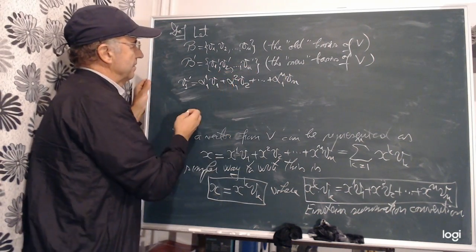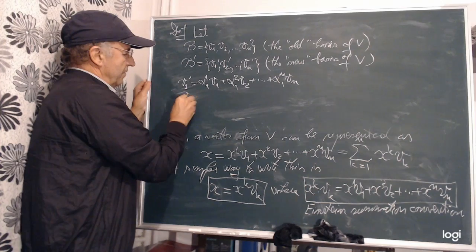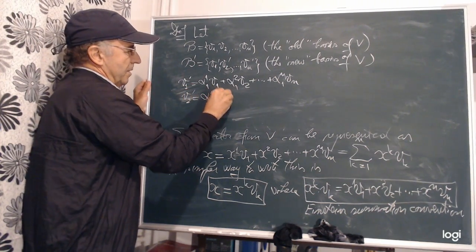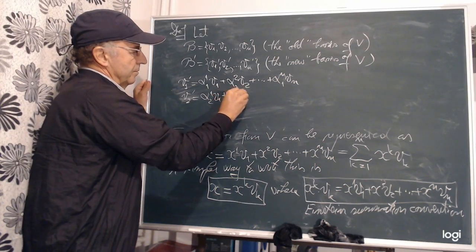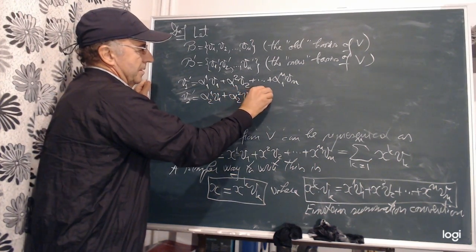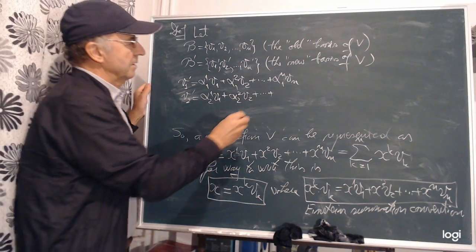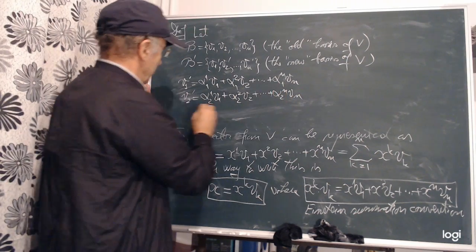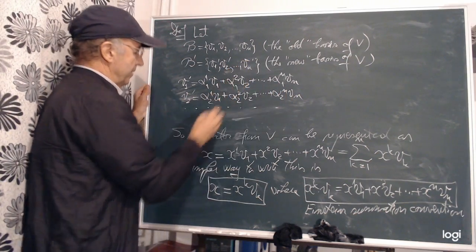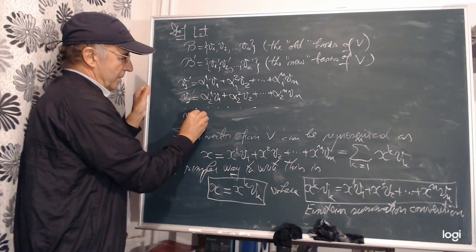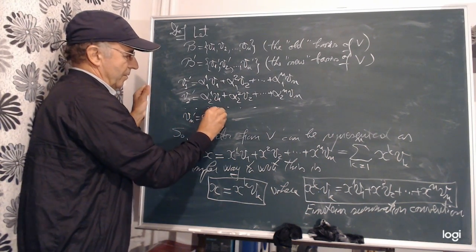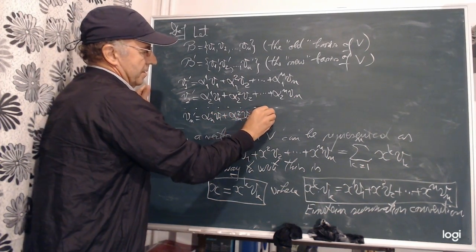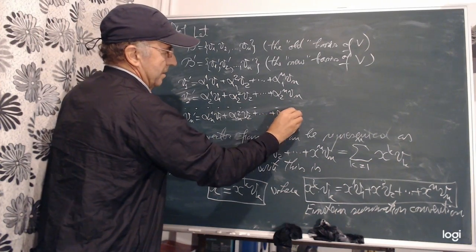Then the second vector v2 prime equals alpha 2,1 v1 plus alpha 2,2 v2 plus so on, plus alpha 2n vn, and the last vector vn prime equals alpha n1 v1 plus alpha n2 v2 plus alpha nn vn.